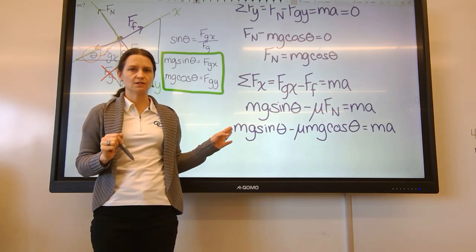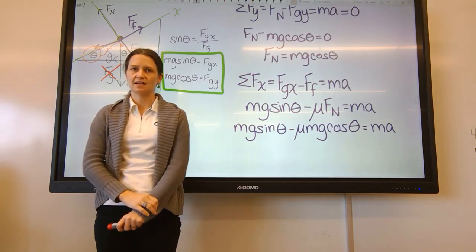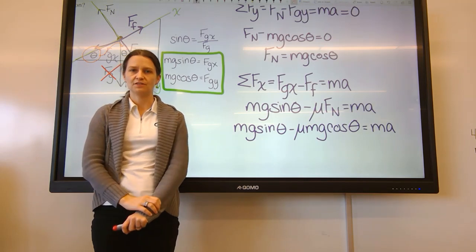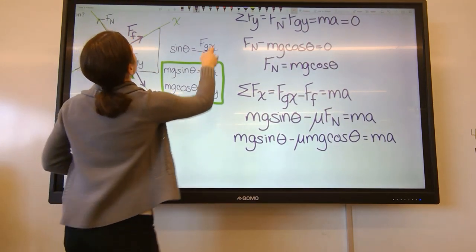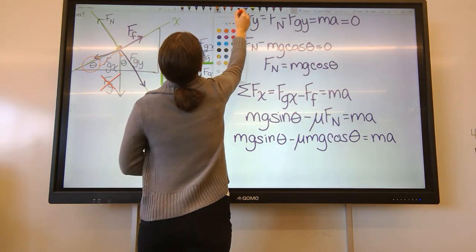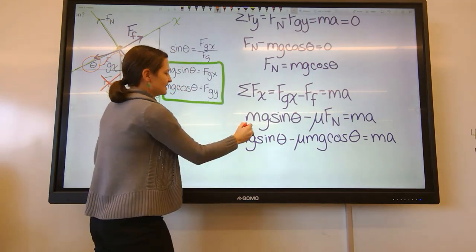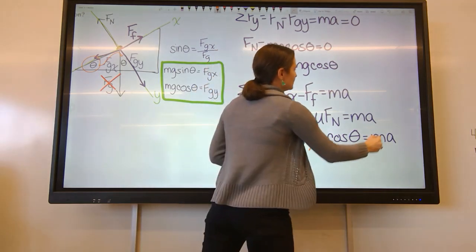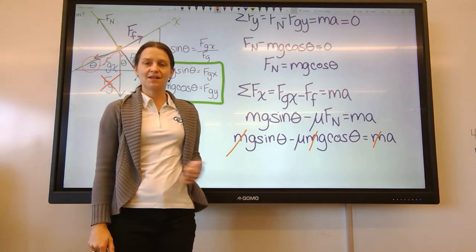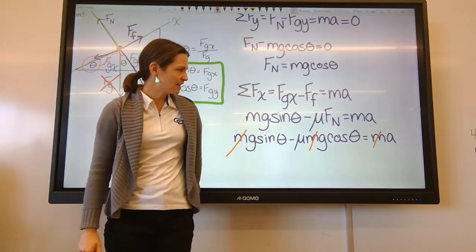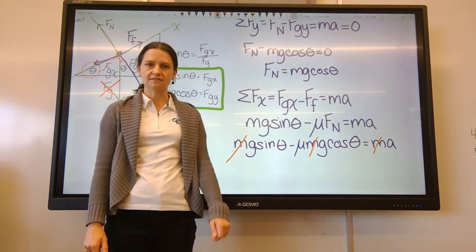Take a look at this equation for a second. See if you notice anything that makes your life a little simpler. We can cancel out all of these m's. They don't matter. This is the mathematical proof of the concept that I talked about at the start of this lesson.